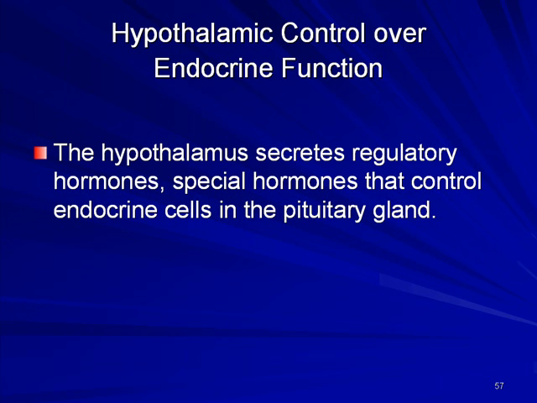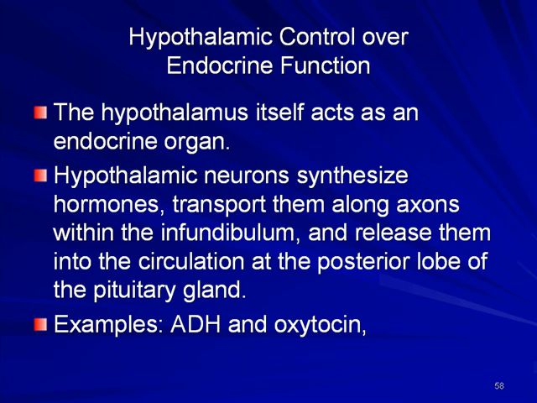Now, the hypothalamus, the hypothalamic control center over endocrine function. The hypothalamus secretes regulatory hormones, special hormones that control endocrine cells in the pituitary gland. The hypothalamus itself acts as an endocrine organ. Hypothalamic neurons synthesize specific hormones and transport them along the axon that connects the hypothalamus to the pituitary gland.